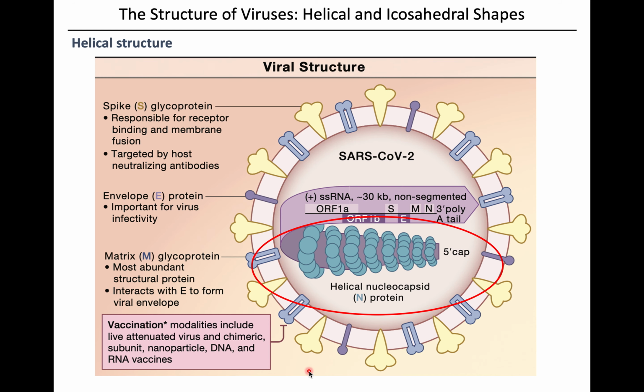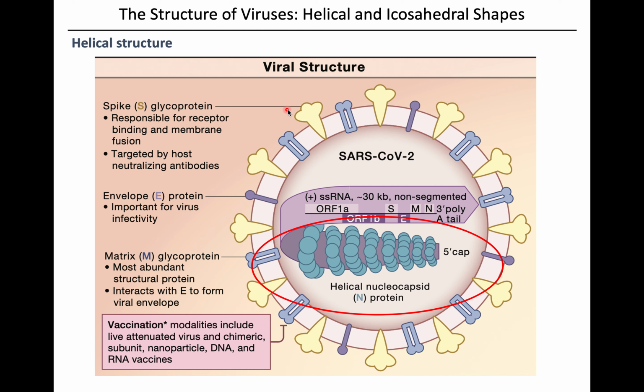And more recently, COVID-19, aka SARS-CoV-2 virus, is technically helical. This is an RNA virus that's enveloped, but if we look inside the envelope, here you see the nucleocapsid protein, which is basically just the capsid protein associated with the RNA, arranged in this helical structure.